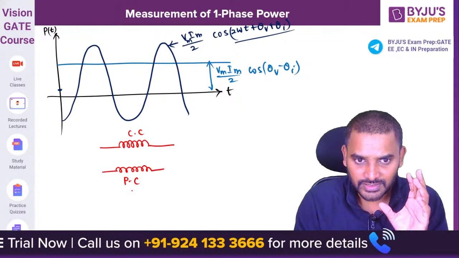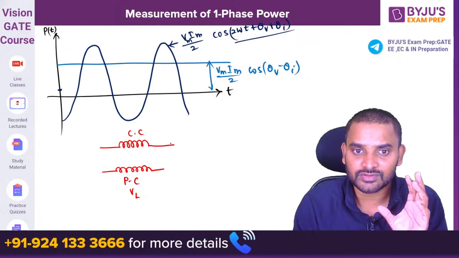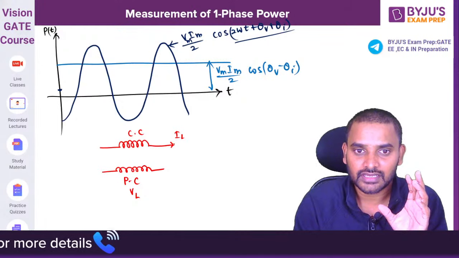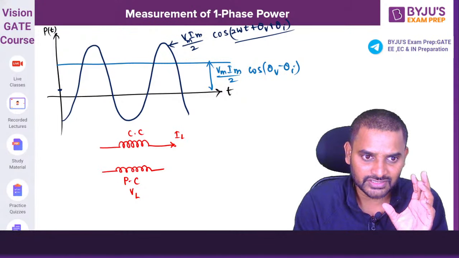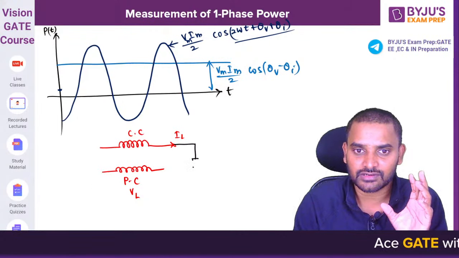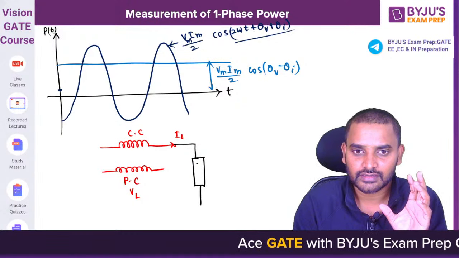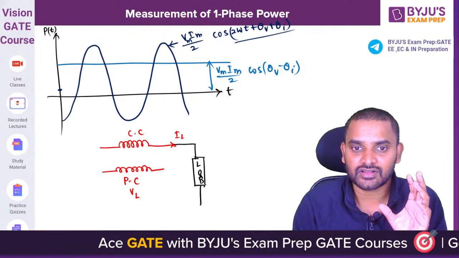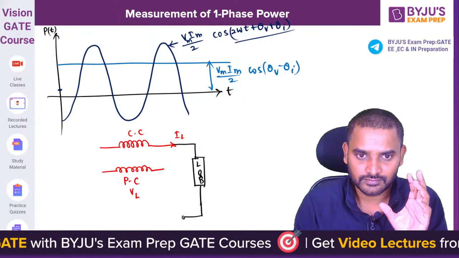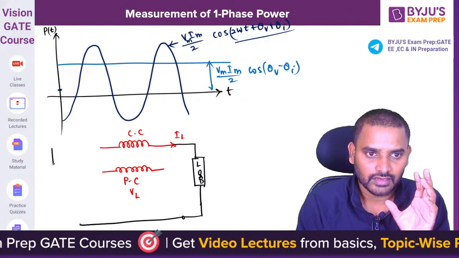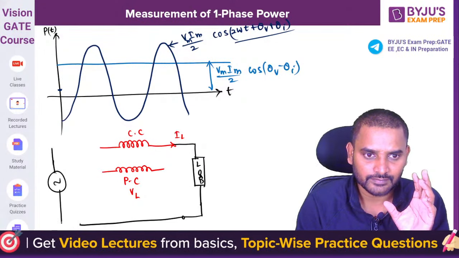This is going to measure load voltage, and this is going to measure load current. Now connect this current measuring coil in series with the load, and this is the supply.